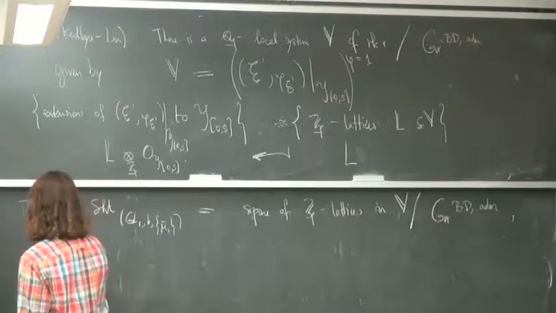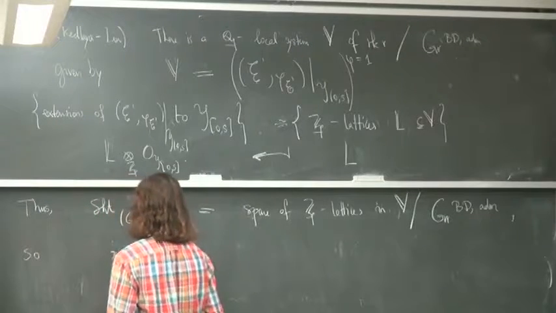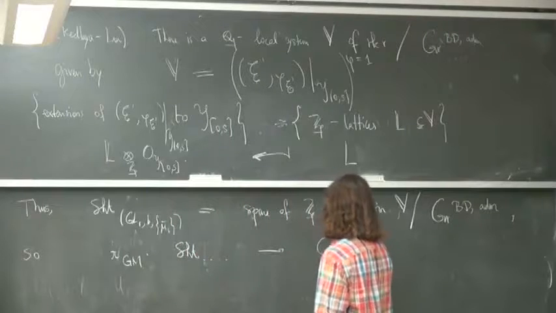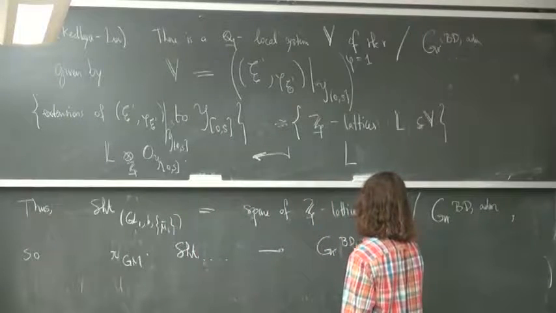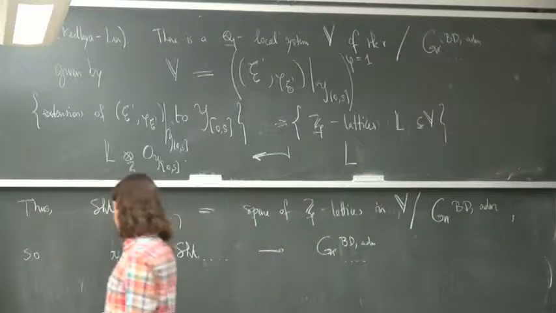And so I claim that from this description you actually see that this Grothendieck-Messing period morphism from the space of Shtukas to the admissible locus of the space in the Beilinson-Drinfeld Grassmannian is étale.